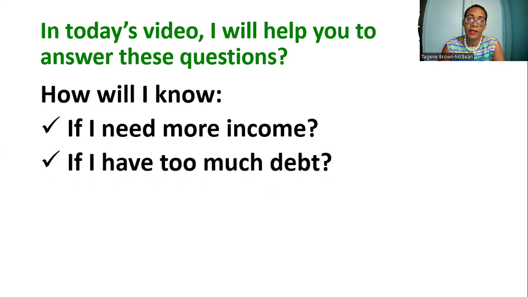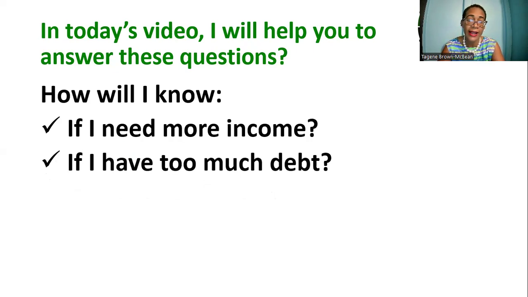Simple. So we have also explained to you how you will know if you have too much debt. You have too much debt if you fall into the bad category.